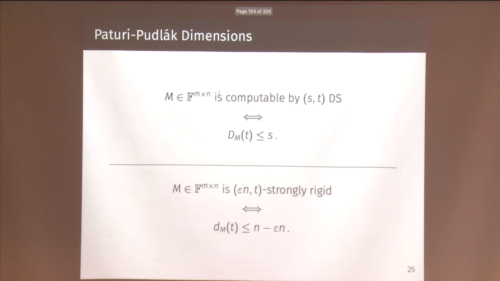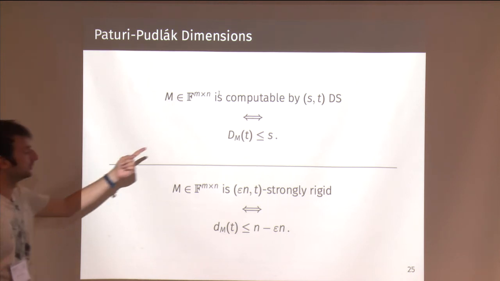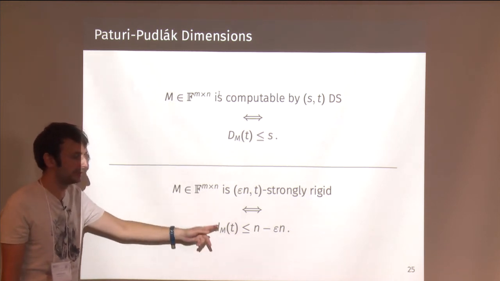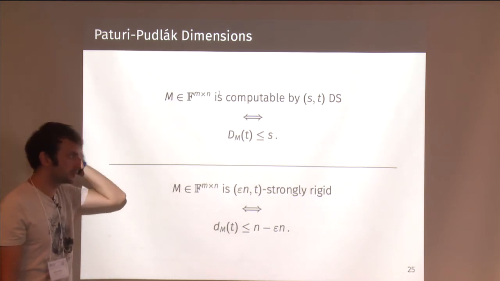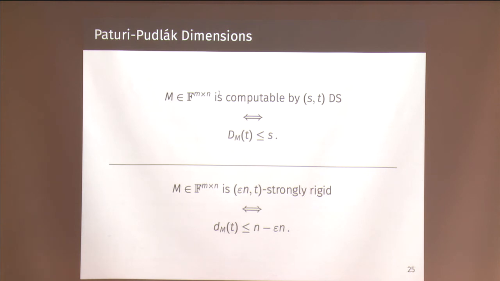All right, so a small outer dimension is exactly equivalent to efficient data structures, and a small inner dimension is exactly equivalent to rigidity. In fact, all what we do in this work, we prove a bunch of relations between outer and inner dimension, which establish all the connections between rigidity and data structures.